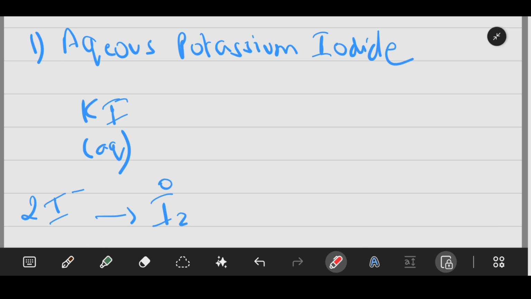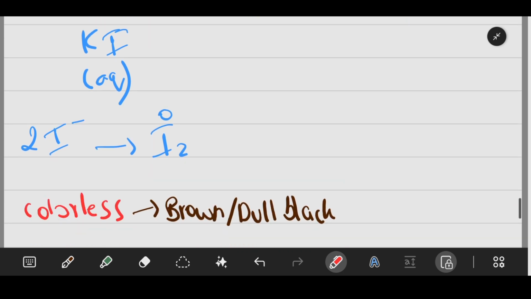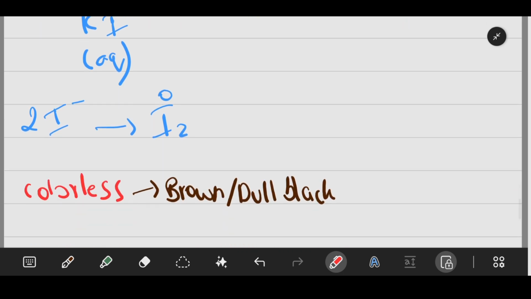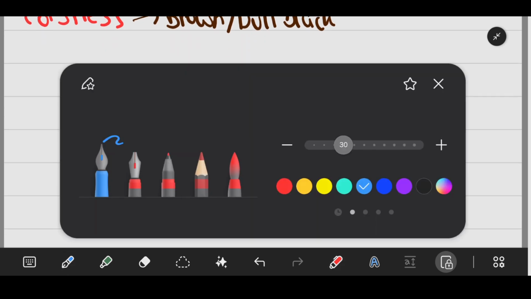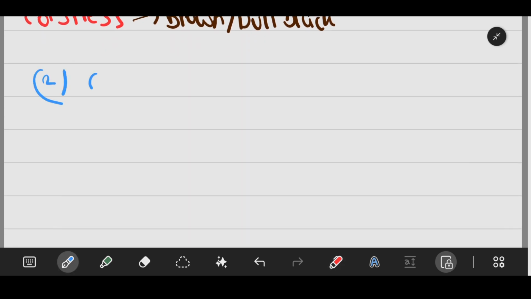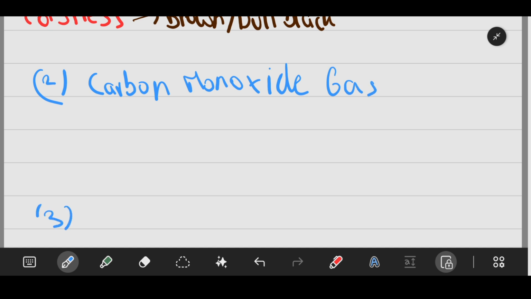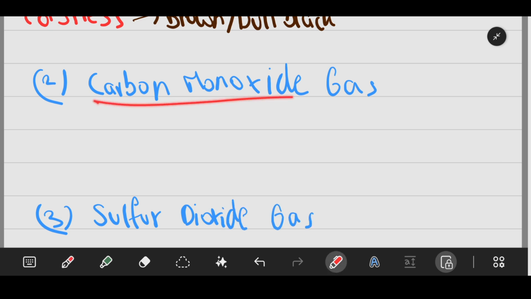So the next two reducing agents that we are going to talk about are carbon monoxide gas and sulfur dioxide gas. Okay, now what makes carbon monoxide gas a reducing agent?